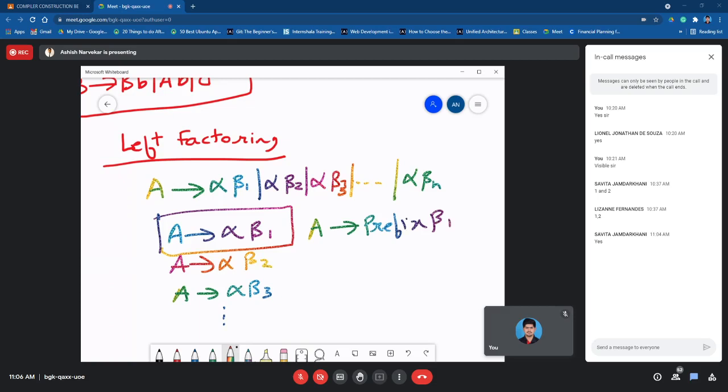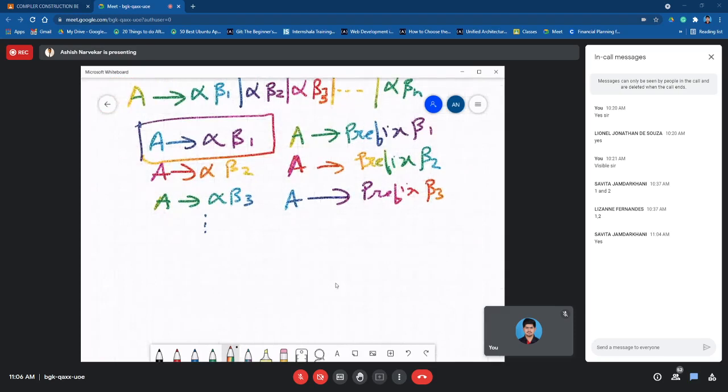If I take the second production, it is A derives the same prefix but some other beta. Then A derives some prefix and then there is another beta.